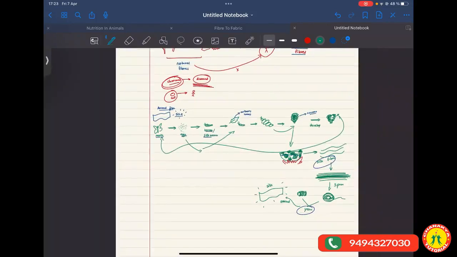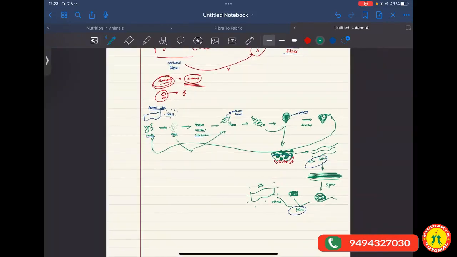All right, this is the whole process of how silk is obtained from the silkworm.